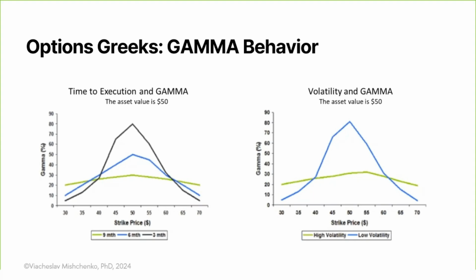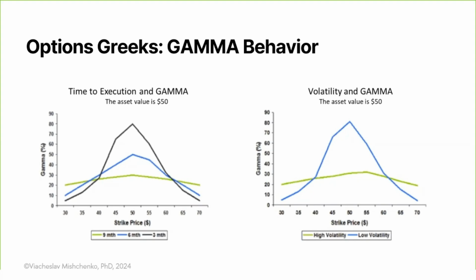And now let us look at the right graph, how volatility affects gamma. High volatility flattens the gamma curve, spreading the risk over a wider range of underlying prices, and lower volatility usually concentrates gamma risk. These are very important implications for risk management.